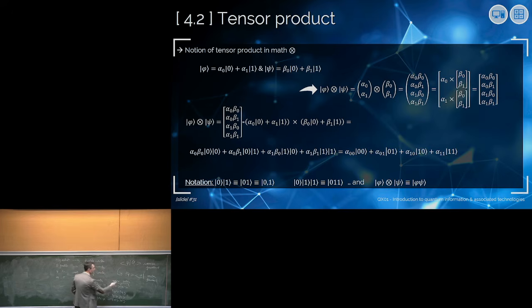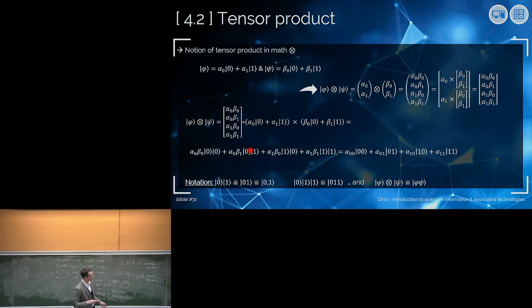If you do that, then you can simply say, well, I take my first ket, I multiply by my second ket. So this can be seen as a standard multiplication or scalar product between vectors. So if I do that, I've got 4 terms. So this times this, plus this times this, plus this times this, plus this times this. So here are the 4 terms.